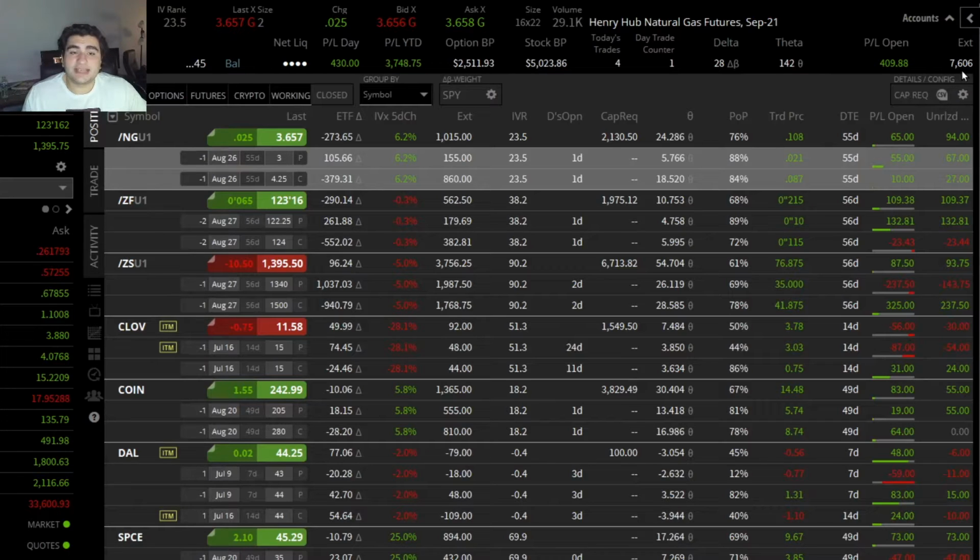What this means is I currently have $7,600 worth of extrinsic value that I am looking to milk over the next coming weeks as I close out the trades that I currently have open and look to realize the theoretical value that has been added to my account after each day has passed and the thetas work in my favor.